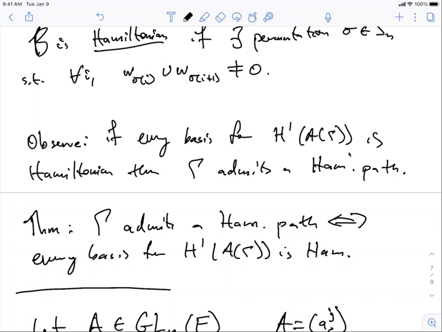So let's say that you know what H upper 1 is over a field with 2 elements and H upper 2 is over a field with 2 elements. Then this is all a finite set of data. So then you're computing finitely many cup products, and then you can exhaustively check all permutations and see, is this particular basis Hamiltonian or not? So I don't think that it's particularly efficient.